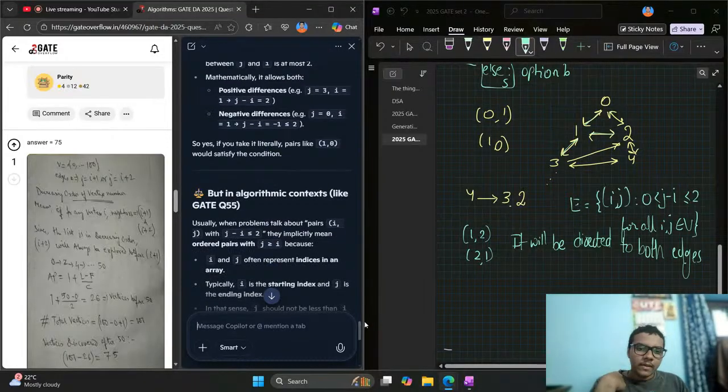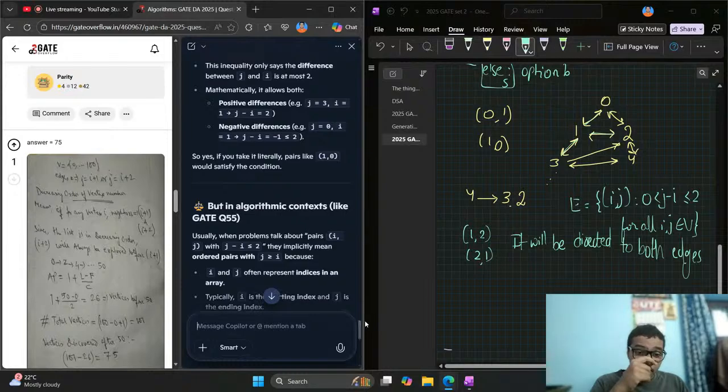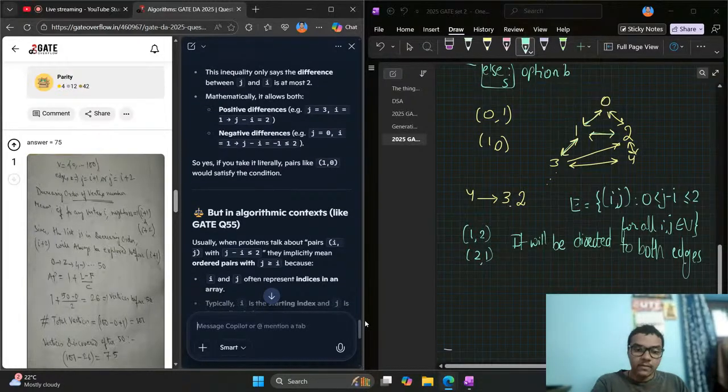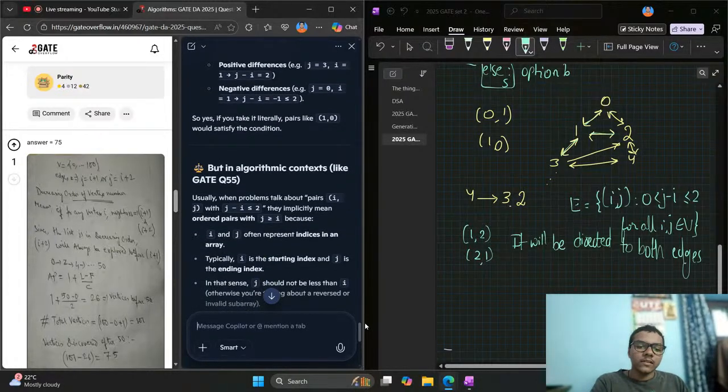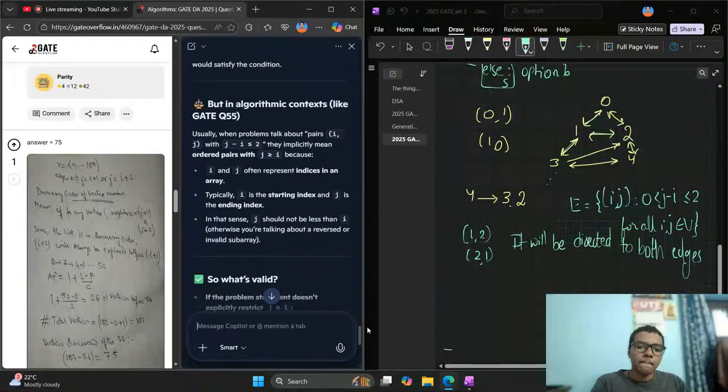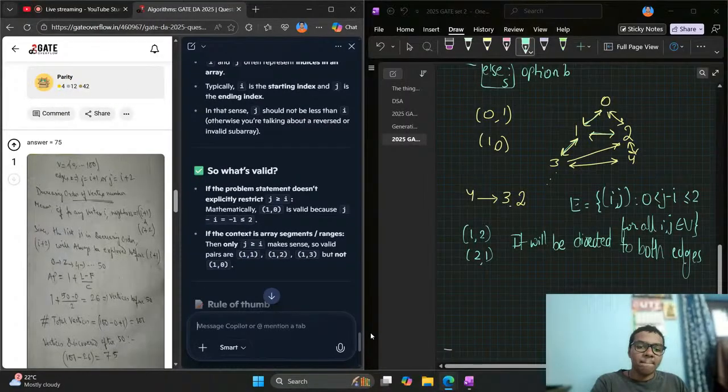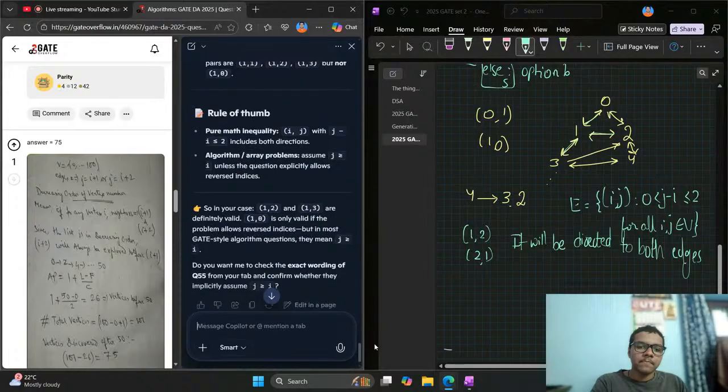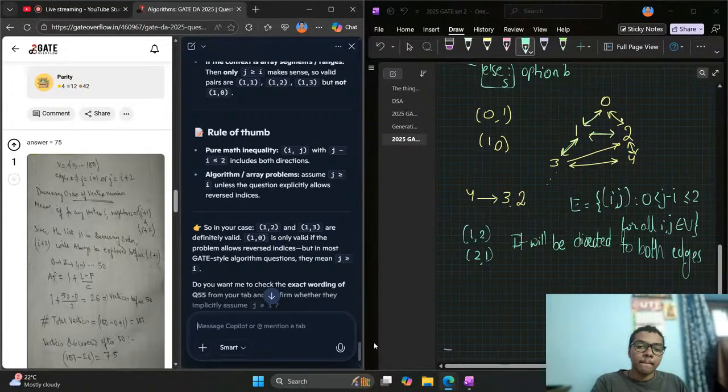But in an algorithmic context, indices of an array. Hmm.